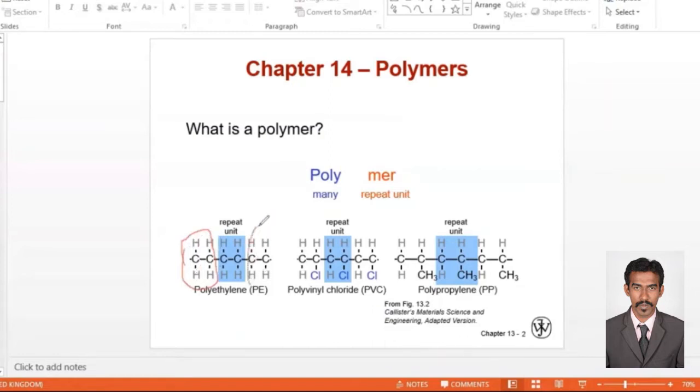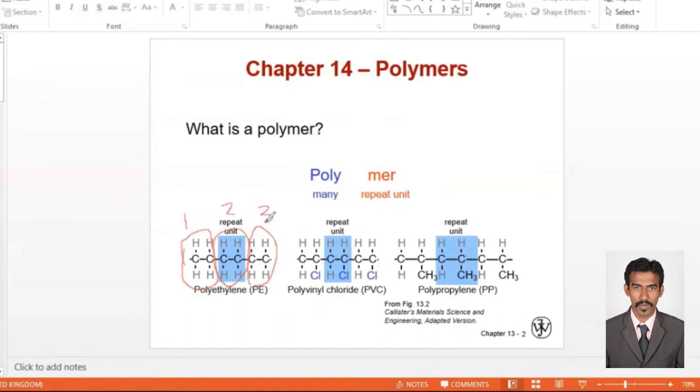Here also you can see 2C and 4H. So this 2C and 4H is the repeating unit. For example, this is monomer number 1, this is monomer number 2, and this is monomer number 3.